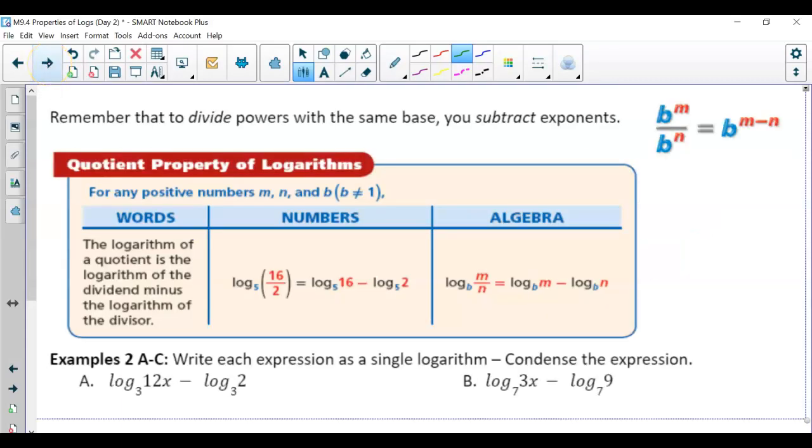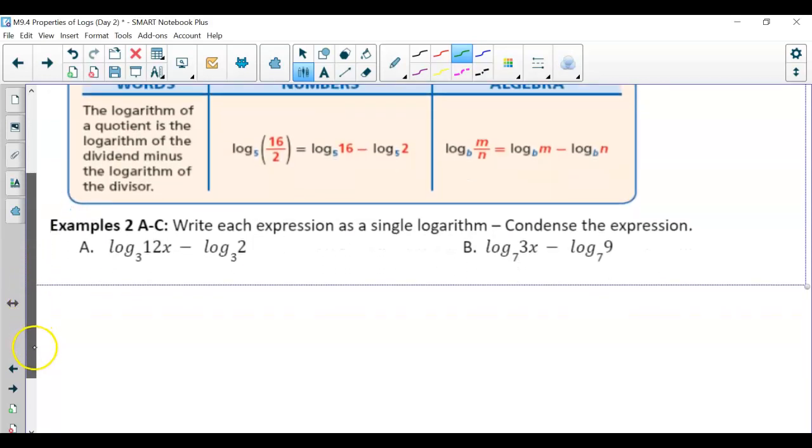And now with the quotient property, remember our rule of exponents: when the bases were the same and dividing, we would subtract the exponents. So now we're going to go the other direction. We're given a log, and if we're subtracting, then we're going to divide. So here, for example, with condensing, we've got our two bases that are the same.